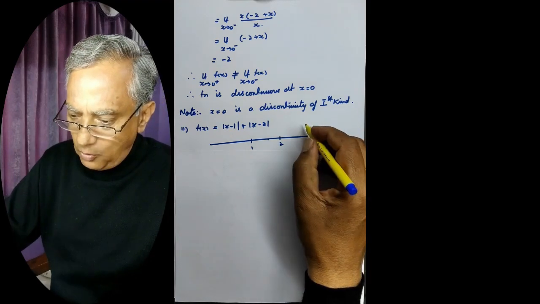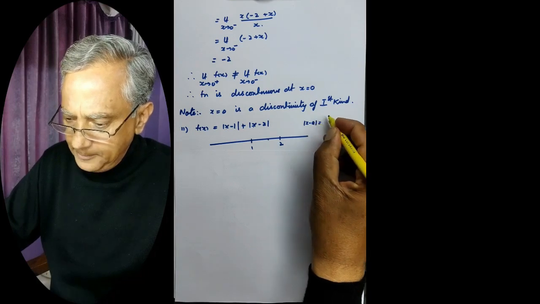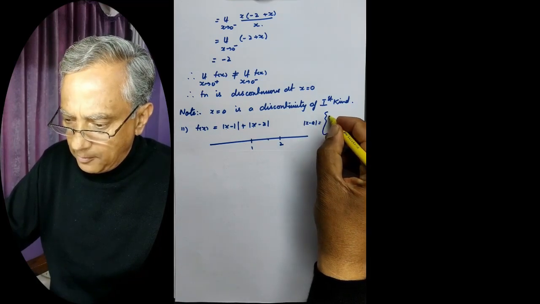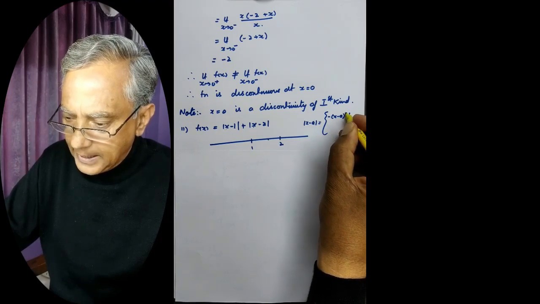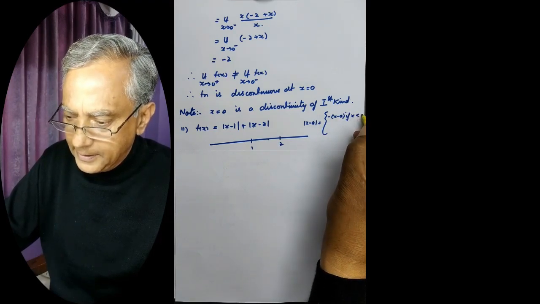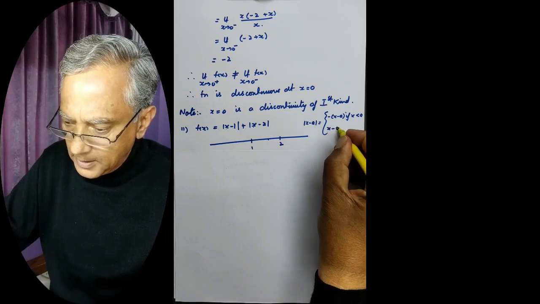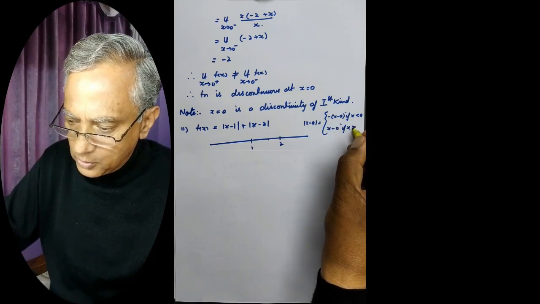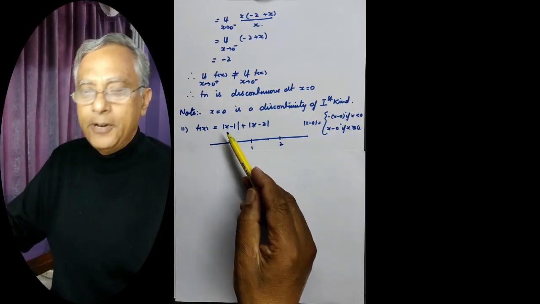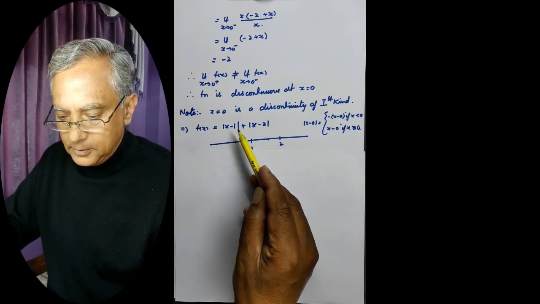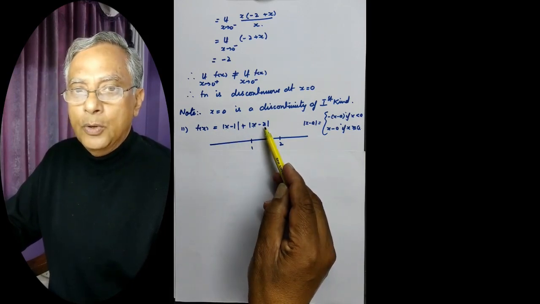Now modulus of x minus a is defined as minus (x minus a) if x is less than a, and this is equal to x minus a if x is greater than or equal to a. So what we notice is that the definition of this function changes at the points 1 and 2.